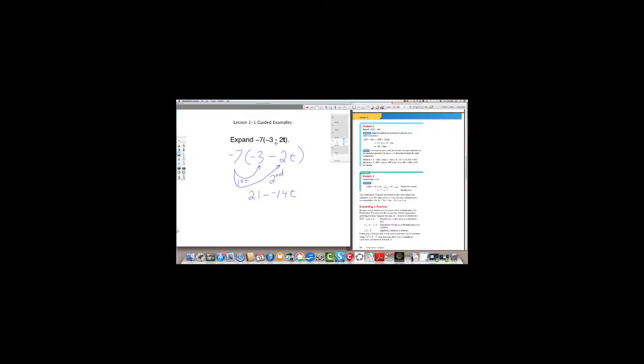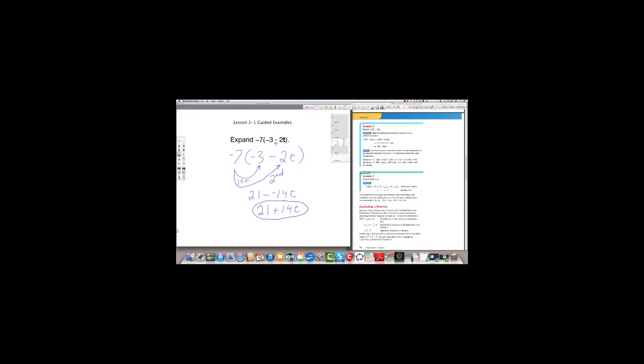This is an operation sign, that's a subtraction sign. This is the negative sign. So this is minus a positive 2t. Now I'm multiplying it by a -7. I have a -14t. I don't want to leave it like this. A negative is a positive. So 21 plus 14t is our expansion. And circle your answers when you're done, please.